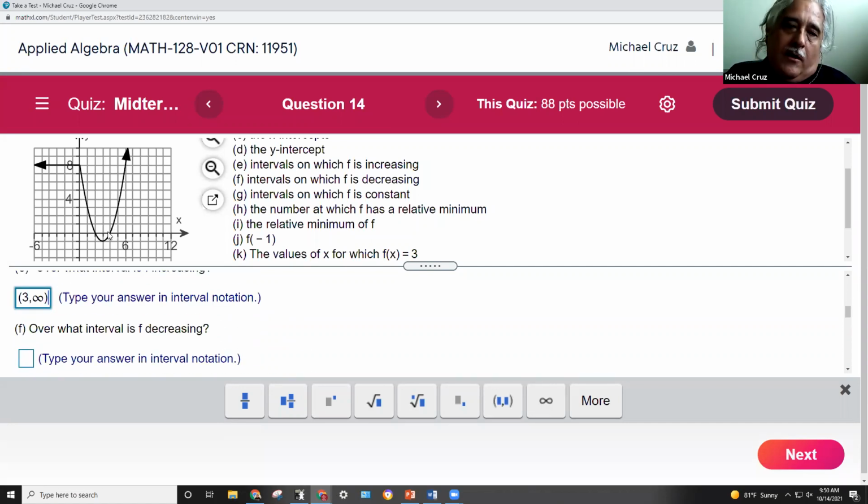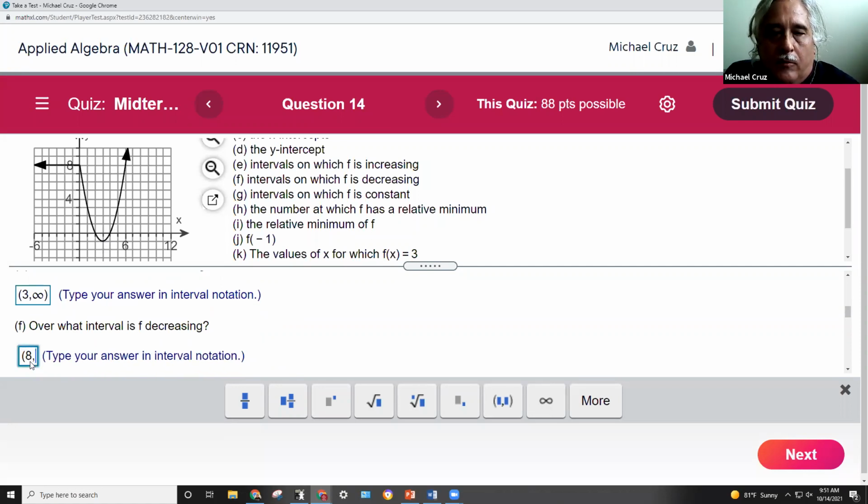And it's decreasing from 8 to 3. And it's constant from negative infinity to 0. Hold on a second, did I do that right? I'm sorry. It's actually the x values, not the y values. So then it's decreasing from here all the way down. So that's 0 as well.